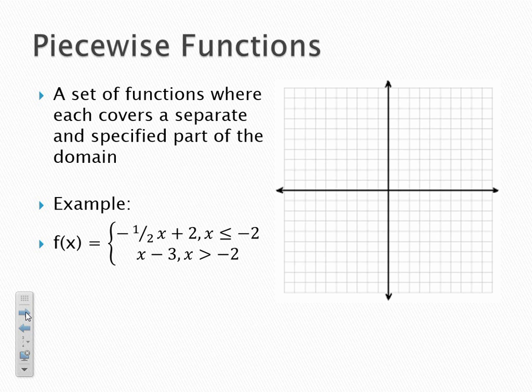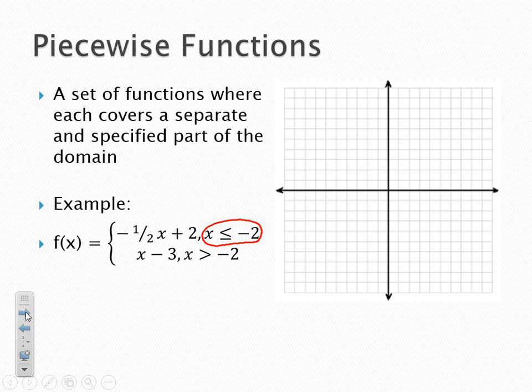When I look at the top line of my function, it's going to exist anytime we input a value of x that is less than or equal to -2. So basically anything that's on the left side of -2.